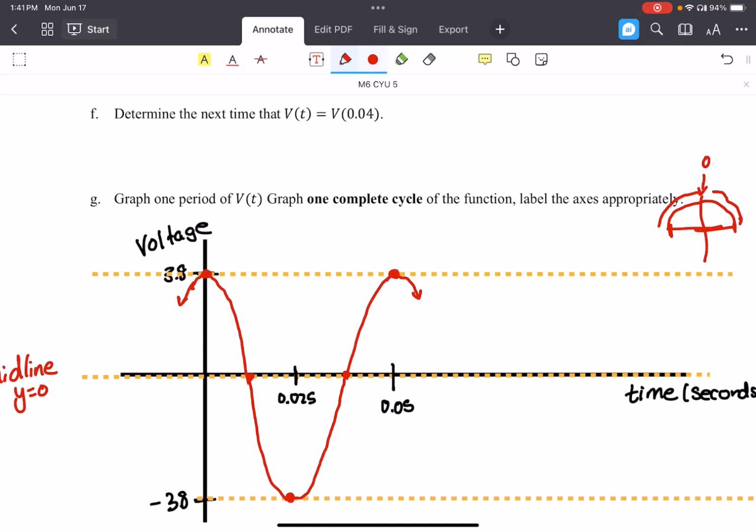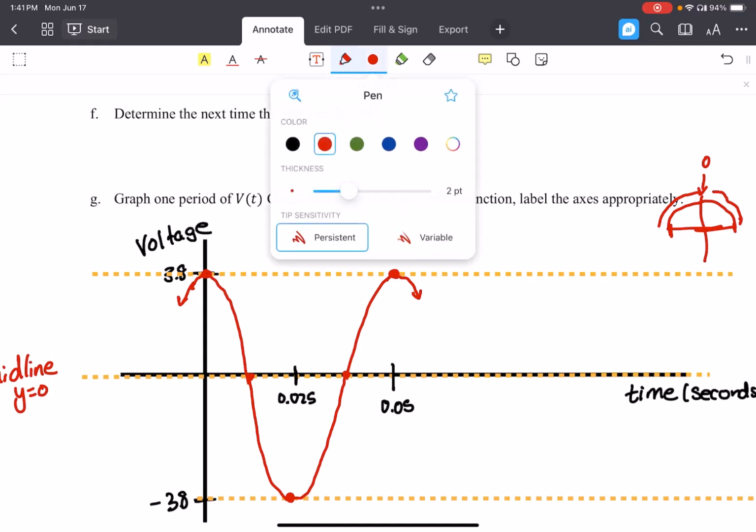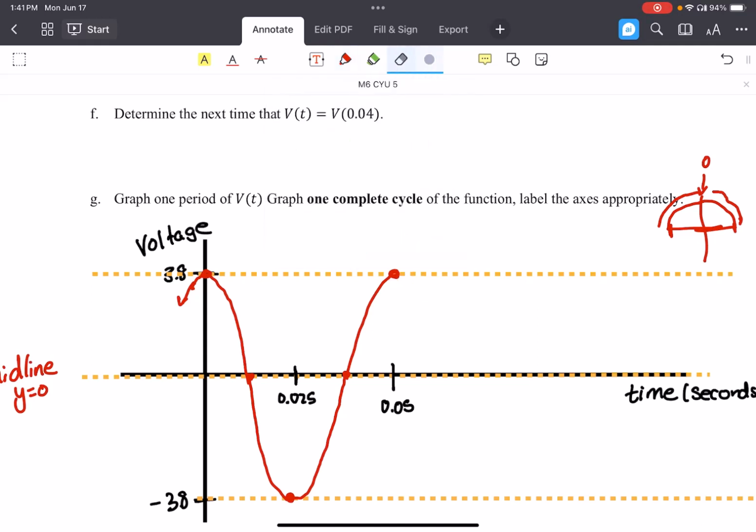And I like to continue it on a little bit into the next periods, just so that it doesn't quite look like a U or a V. You can see the curve and where it would continue. Now, why I wanted to draw it this way, and I may continue this for the next period because it's going to help with going back a little bit.